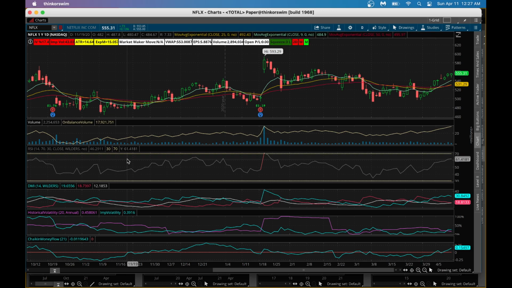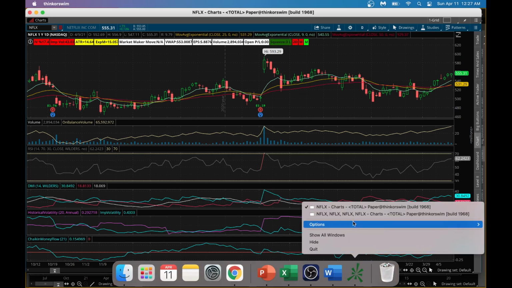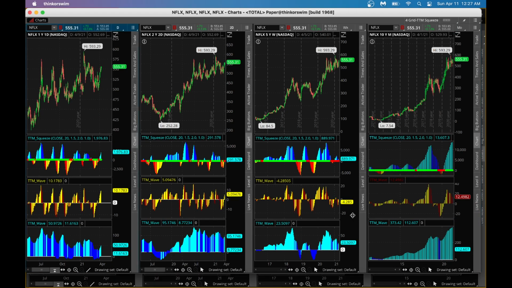Next I will also show you one more chart setting I normally look at. That's basically TTM, Trade the Market, from John Carter. In the TTM, I like to look at the daily chart, 1 day, 1 year chart, and 2 year, 2 day chart, 5 year weekly chart, 10 year monthly chart.